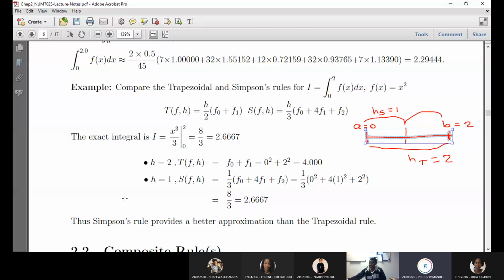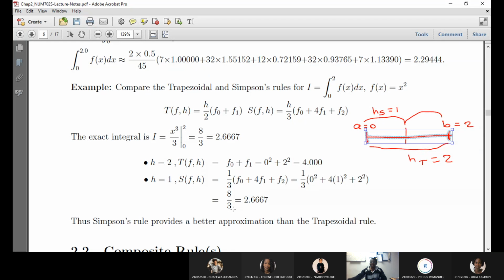You can see that with Simpson rule, 8 by 3 gives us exactly the integral. You can see it from here. This is not witchcraft. If your eyes are open, you will see that it gives you exactly 8 by 3, which is the exact value. So Simpson rule here gives us the exact value.